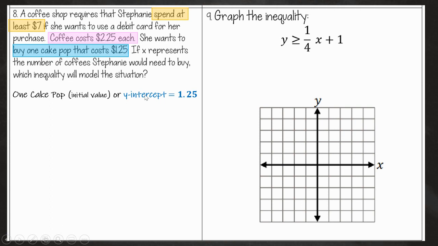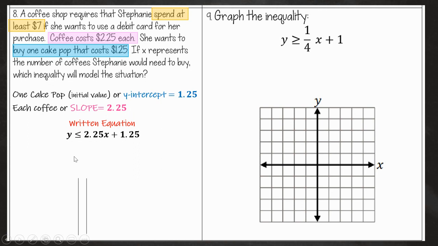So our y-intercept, our cake pop, is our fixed cost because she's only buying one. The coffee costs $2.25. So our written equation, because the coffee is what's changing, is y is less than or equal to 2.25x plus 1.25. In this particular case, she has to spend at least the $7.